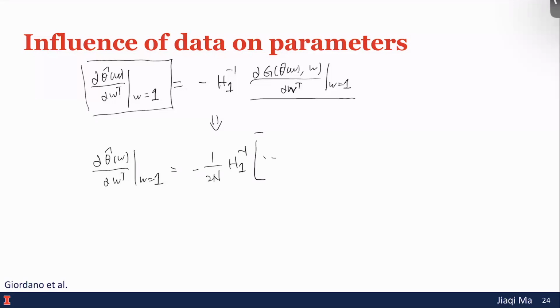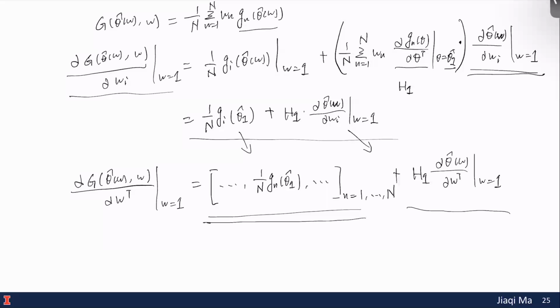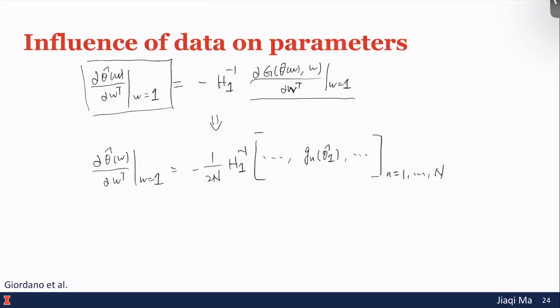Again, this is a big matrix over capital N columns, where each element is a Gn, for n from 1 to capital N, right? So essentially it's like this thing.